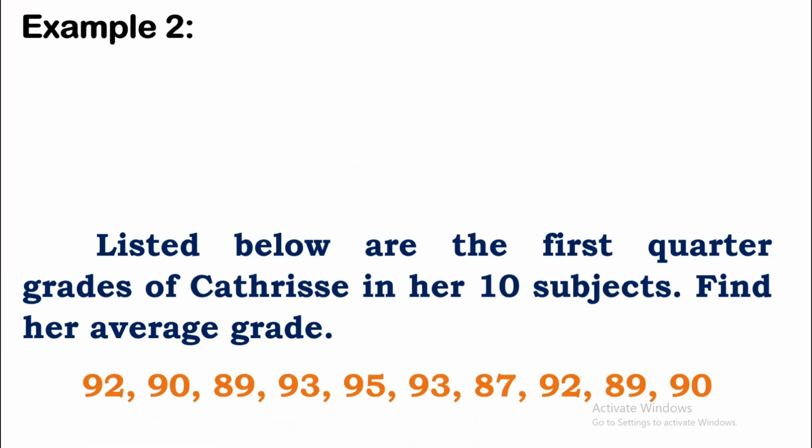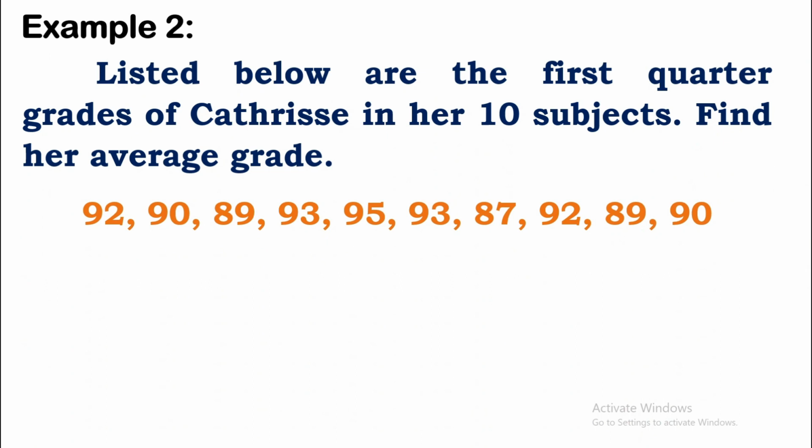Another example. Listed below are the first quarter grades of Catrice in her 10 subjects. Find her average grade: 92, 90, 89, 93, 95, 93, 87, 92, 89, and 90. Let's see the solution. So we have the formula, mean is equal to summation of x over n.